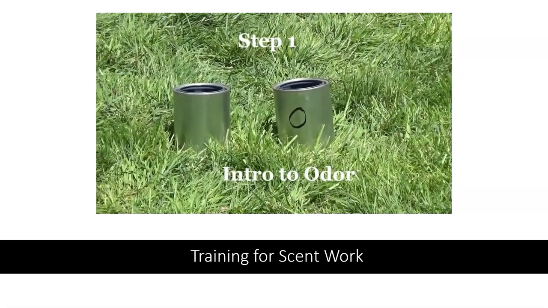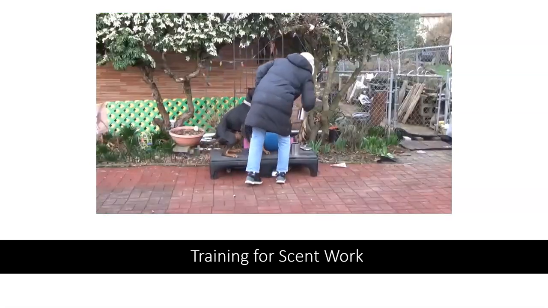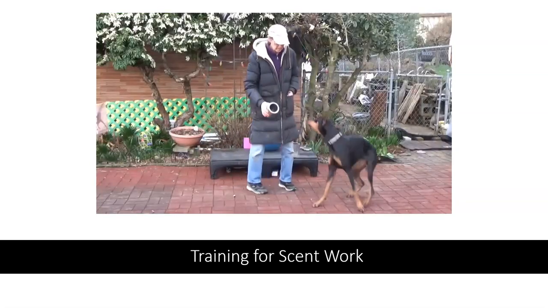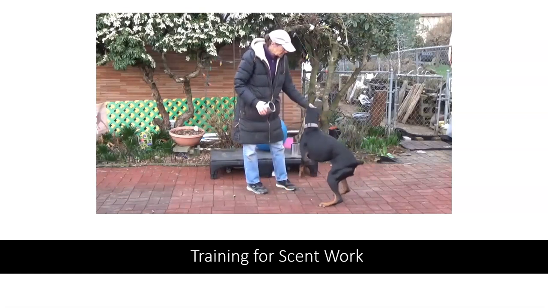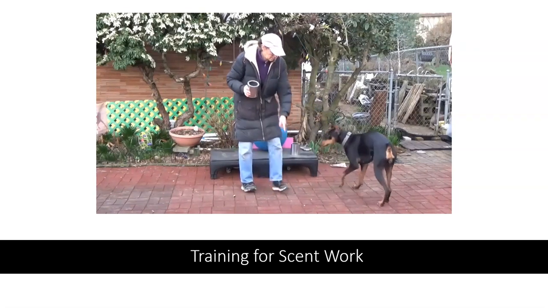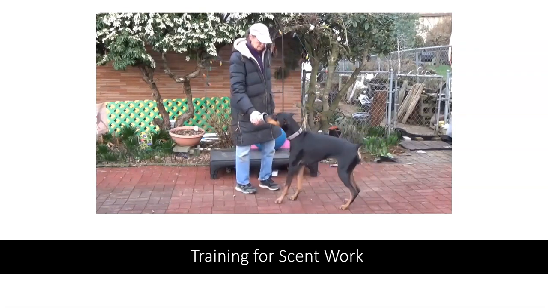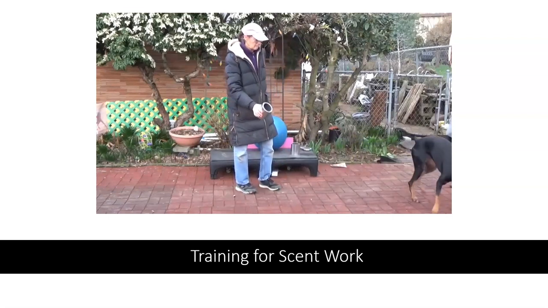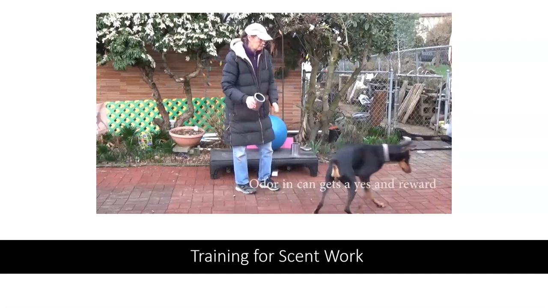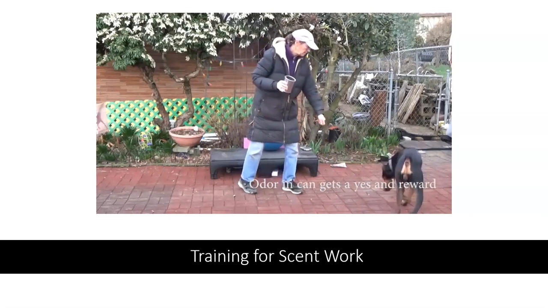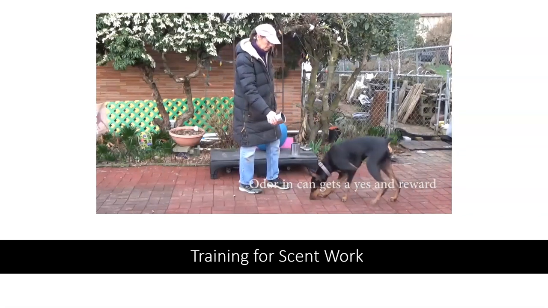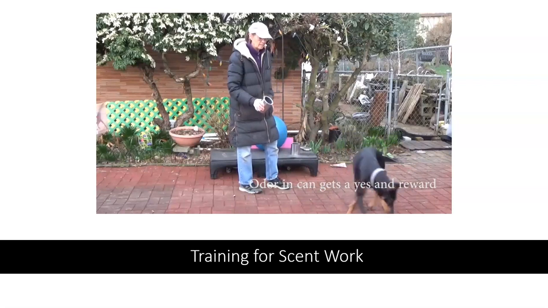So here you've got a dog, Maverick, who's learning to search for the odor of birch tree. This is an odor that's used at the novice level. So what she's doing is she's taking a can, putting the smell in it. He smells it in the can, and he gets a reward.